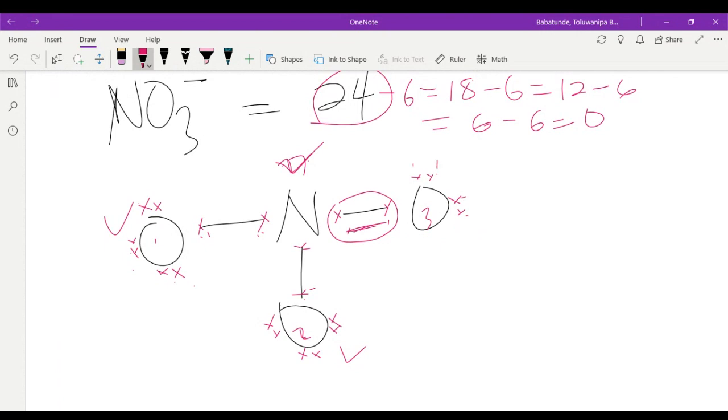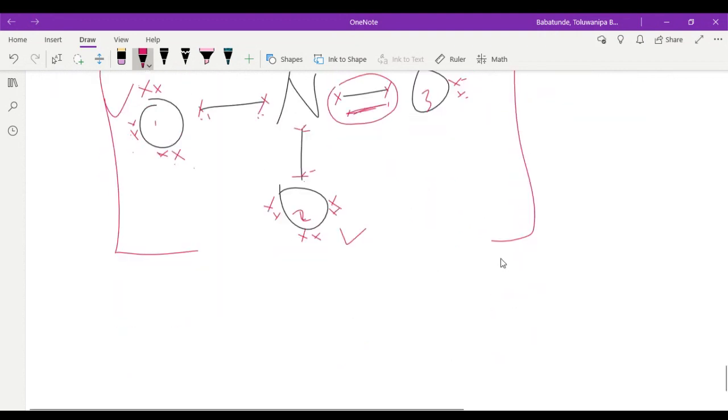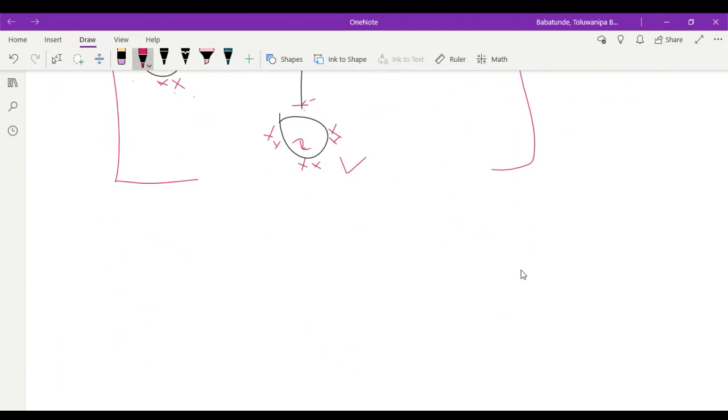So this is how we have to place it in this. Let's remember that this negative charge was what made it 24. You place it there. So the new Lewis structure for our NO3 will be this. We have 4 here, and this oxygen is 6.